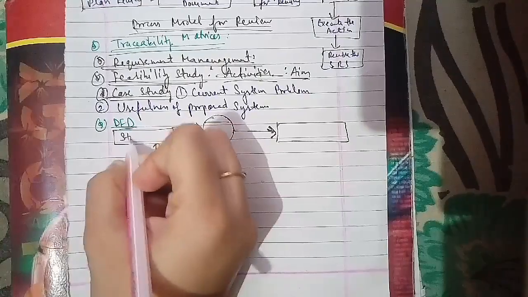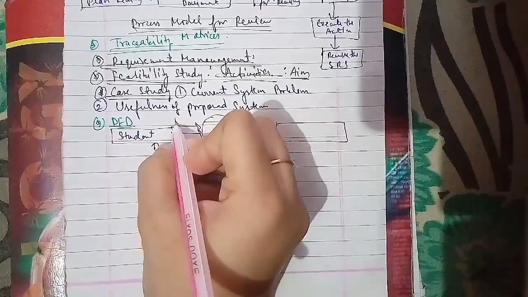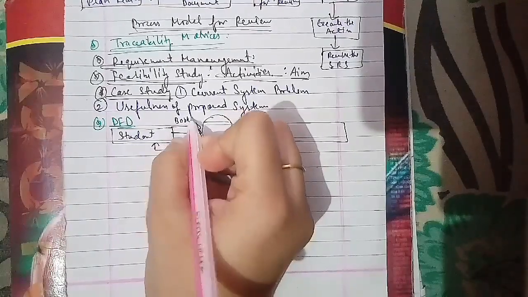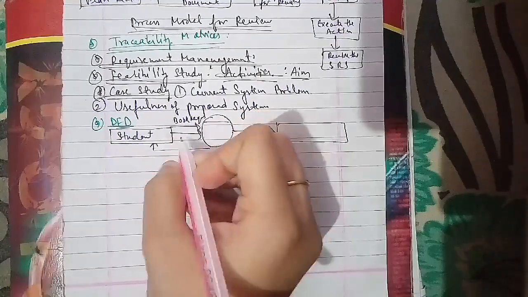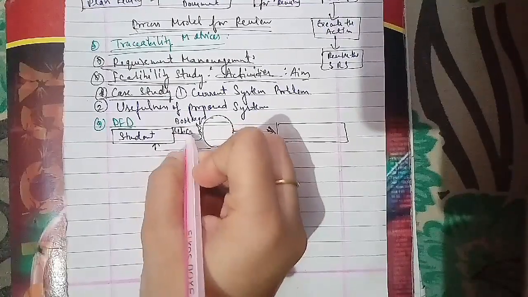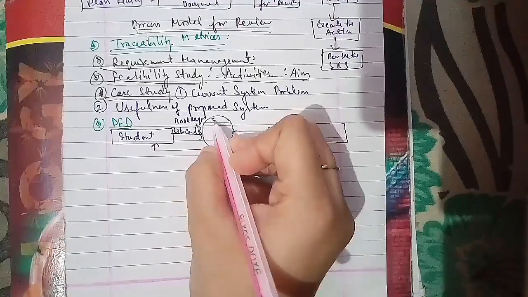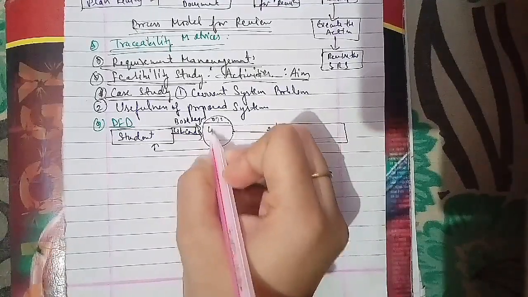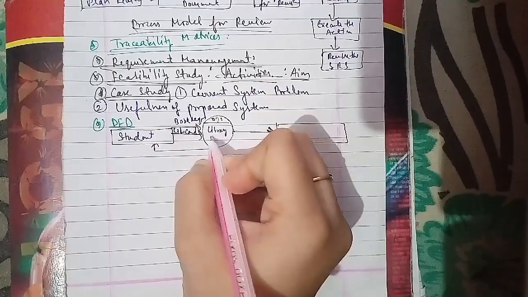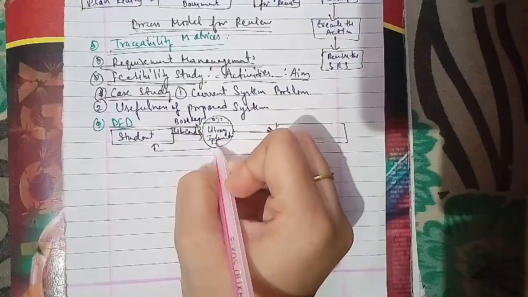Now we'll talk about the level 1 DFD. In this level the system is exposed with more processing detail and the processes that need to be carried out. The first we have is the delivery of book.